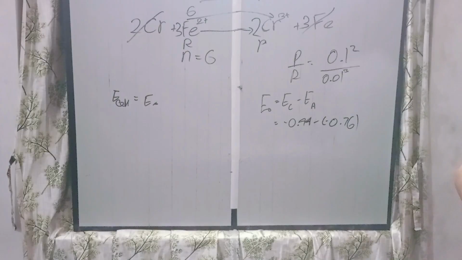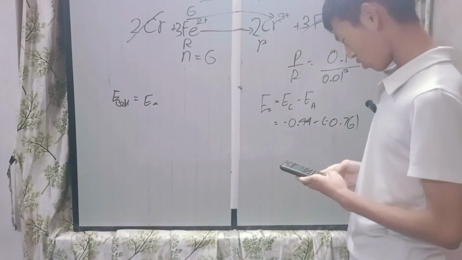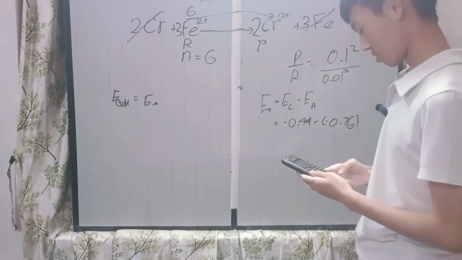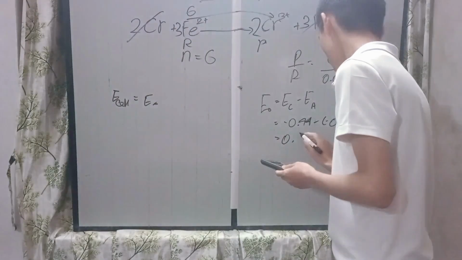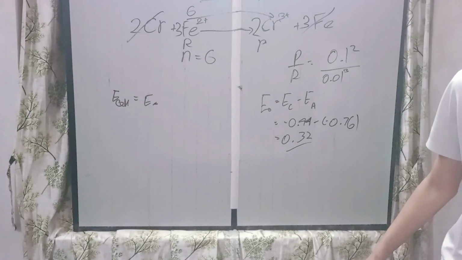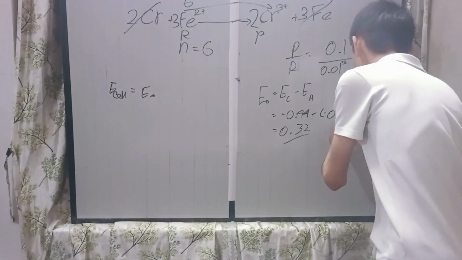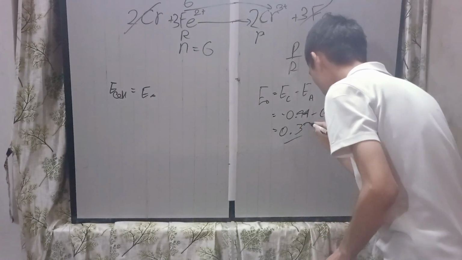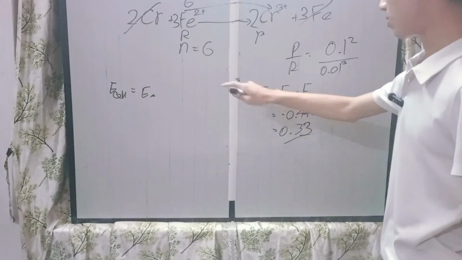What do we get? Negative 0.44 plus 0.75, it's 0.31. Put this value here.